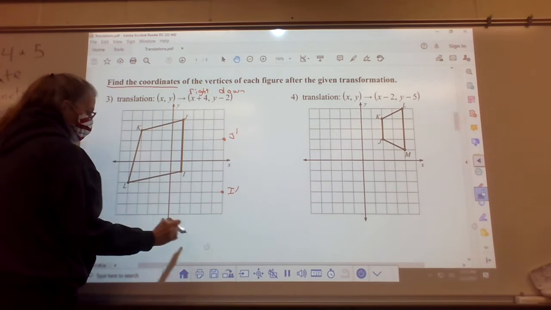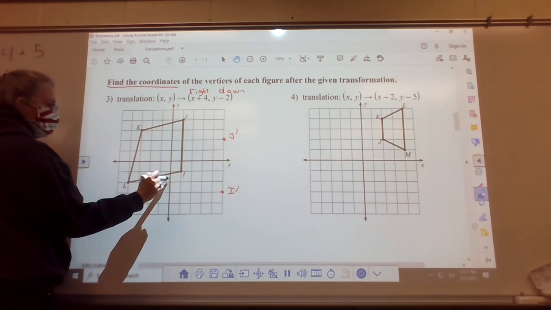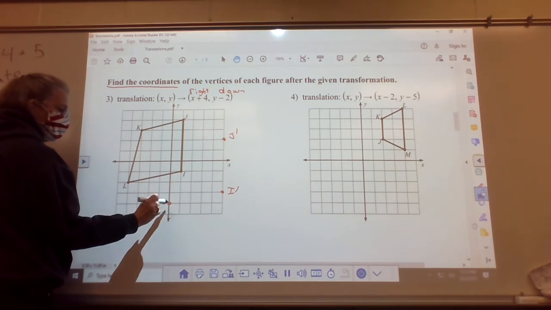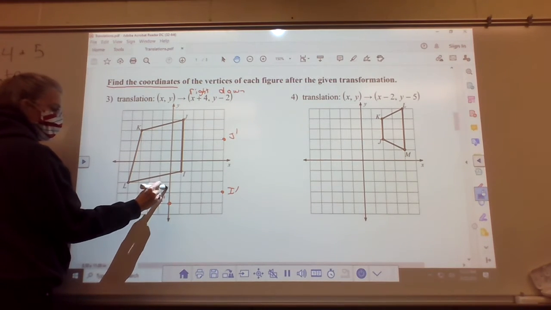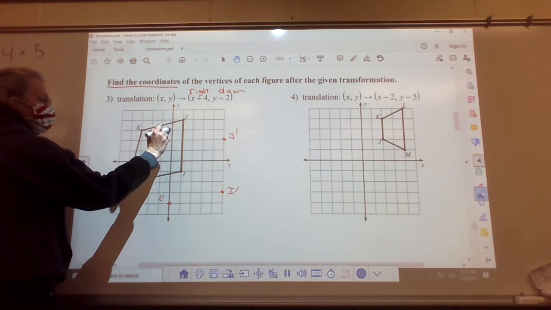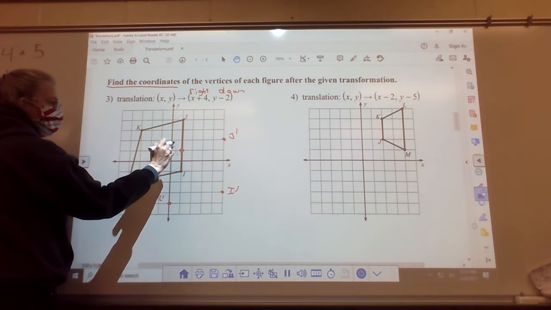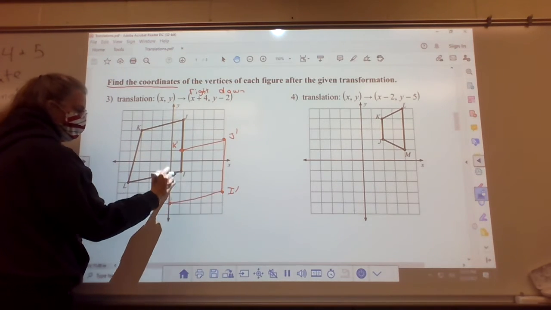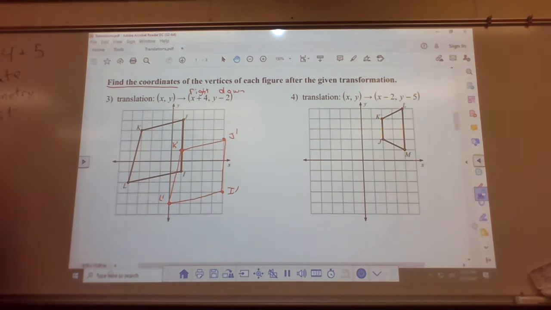That's my new I. Right 4, down 2. That's my new L. Right 4, down 2. That's my new K. Go ahead and connect. So there's my new shape. All I did was slide it to the new location.